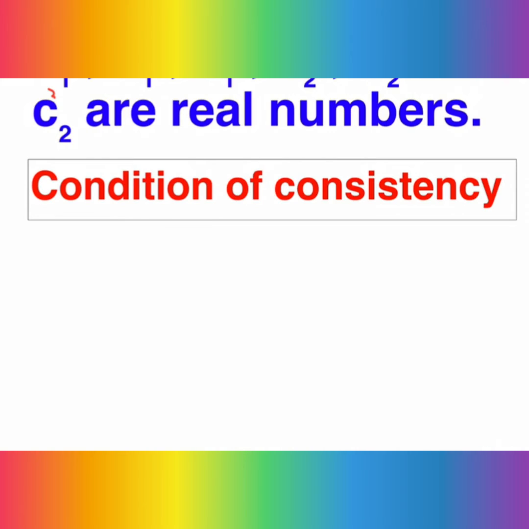And if a system has no solution, then the system is known as inconsistent. So is it clear what consistency is? I want to once again repeat that if a system has any solution, then it is known as consistent, and if a system has no solution, that system is known as inconsistent.